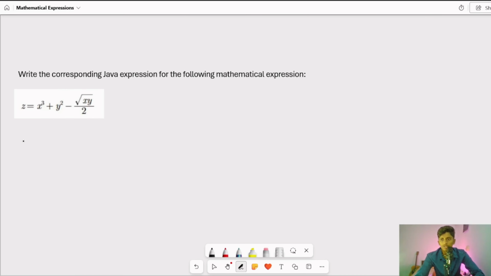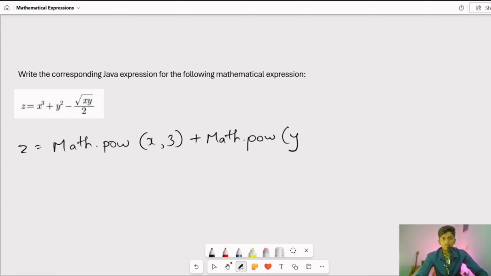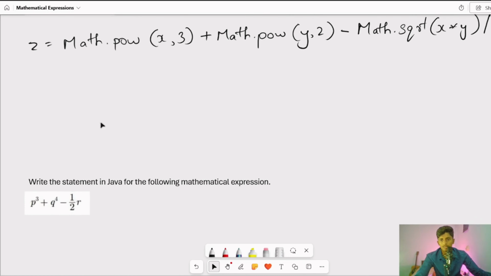One more similar question, z is equal to x cube, that is Math.pow of x comma 3 plus Math.pow of y comma 2 minus, here we have the square root, Math.sqrt of x into y and divided by 2.